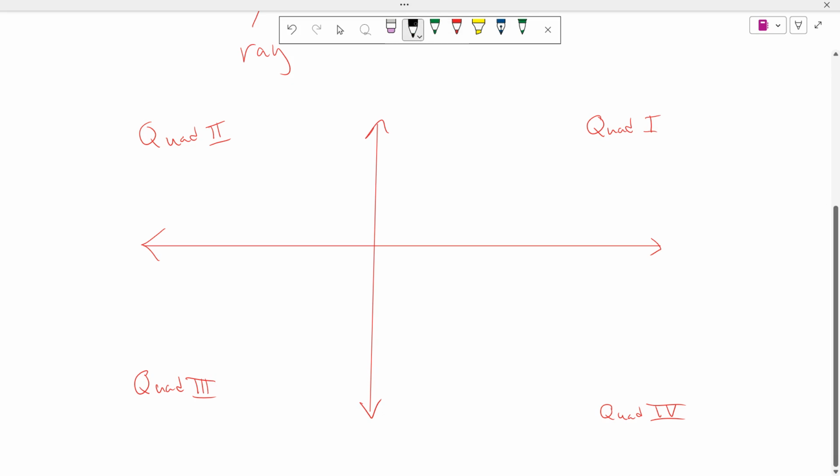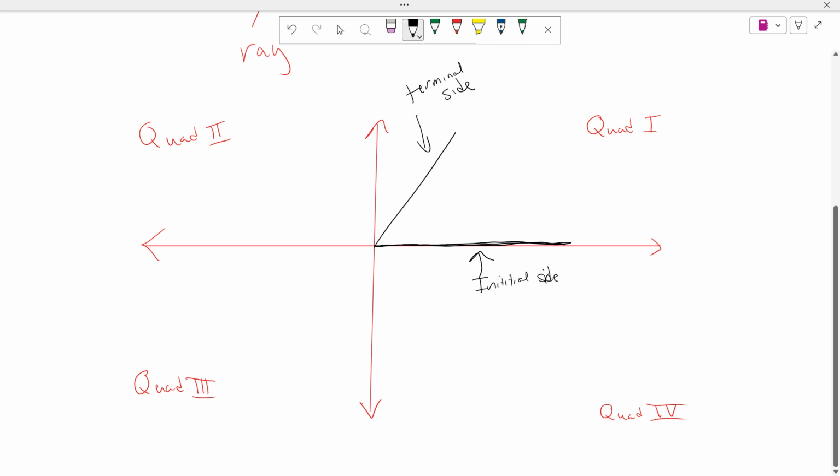When we do angles in trig, we go from right here, the positive x-axis. And then if we go up like this, this side is called the initial side. And this side is called the terminal side.